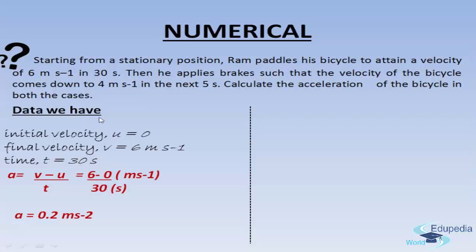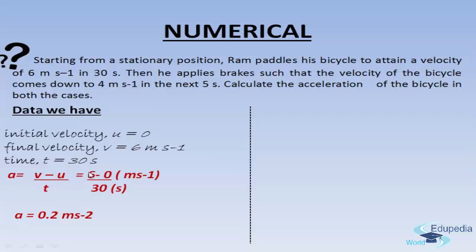Then he applies brakes such that the velocity of the bicycle comes down to 4 meters per second in the next 5 seconds. Now calculate the acceleration of the bicycle in both cases. First, the initial case: acceleration is the final velocity minus the initial velocity divided by time.